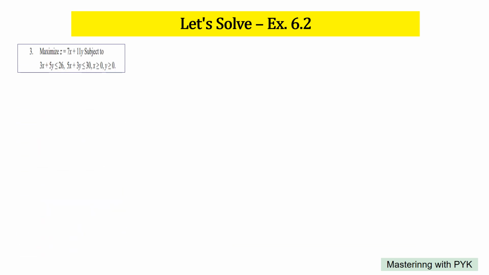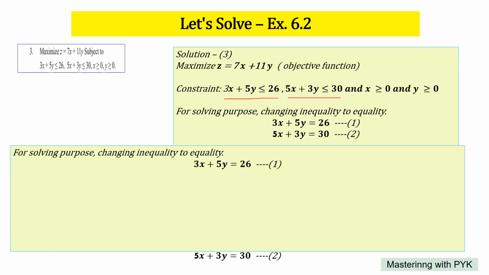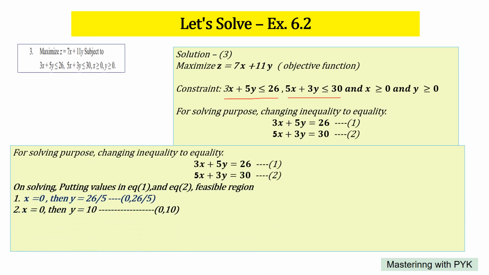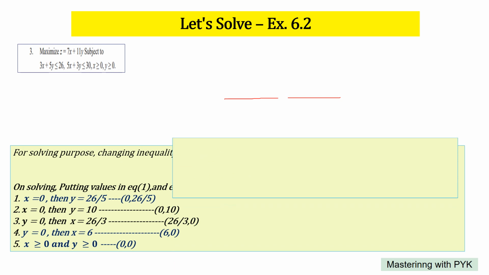Question number 3, we have to maximize. We have been given two equations again. Check the constraints. It says that it has to be less than 26, and it has to be less than 30. Similarly, by solving the inequalities, we get different points. Do try making the graph yourself.